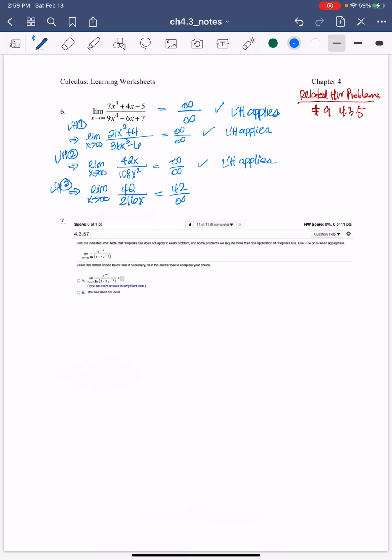A number divided by a really big number is generally 0. So L'Hopital's rule doesn't apply anymore, and my final answer is 0. So you apply L'Hopital's rule, plug it in. If you get an indeterminate form, you can continue to do it until you do not have an indeterminate form.